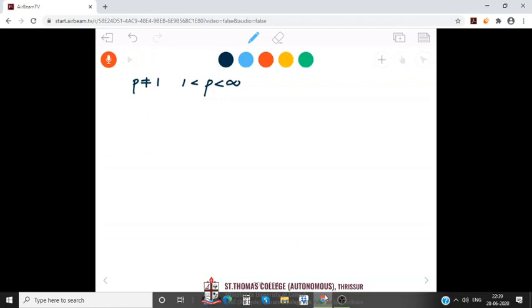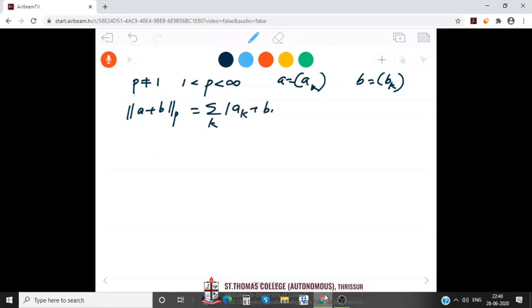So that norm P of A plus B, I will write sequence A as sequence AK and B as sequence BK, is equal to summation over K modulus of AK plus BK raised to P, the whole raised to 1 by P. So I am taking the power P on the LHS so that I can avoid the raised to 1 by P on the RHS.